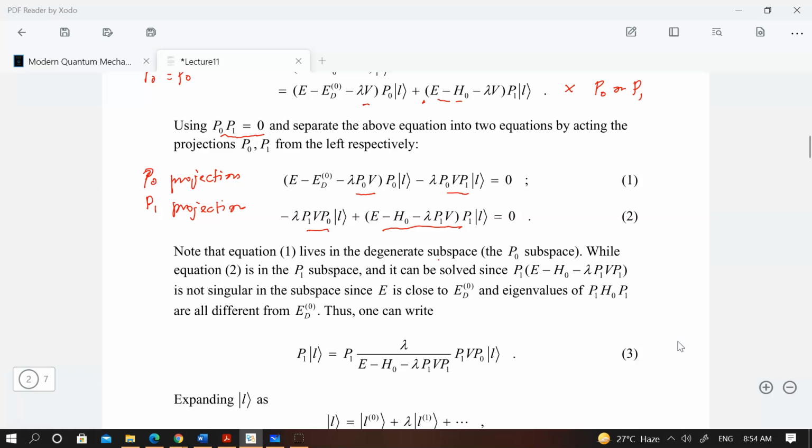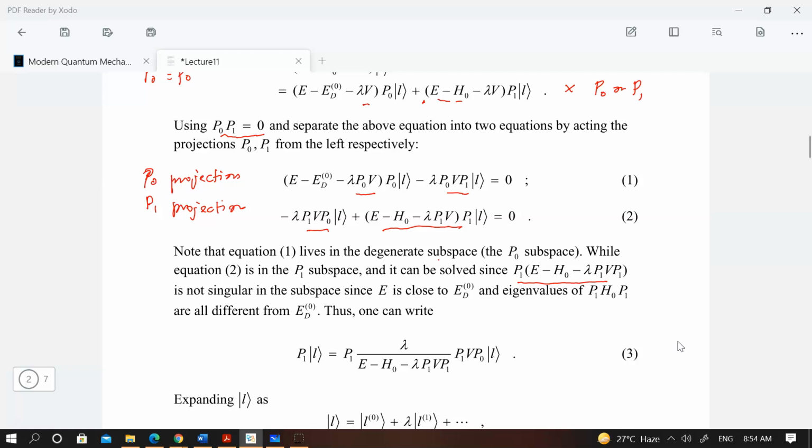Let's look at equation 2 first, because this can actually be solved essentially because this term over here is not going to be singular. What happens over here?